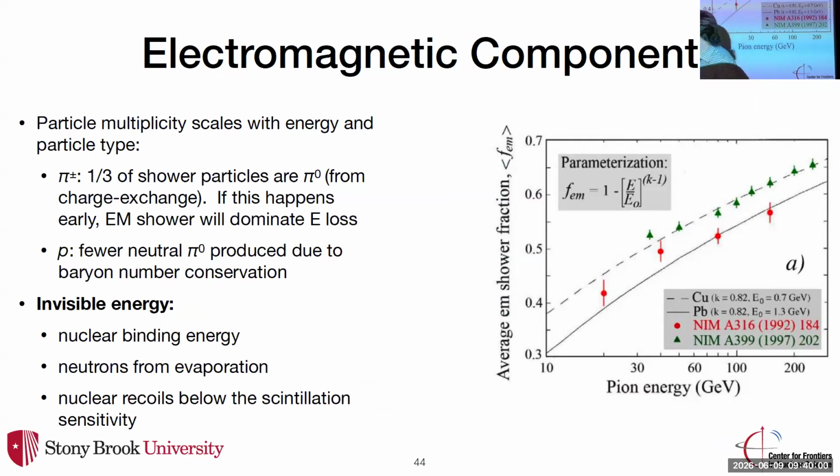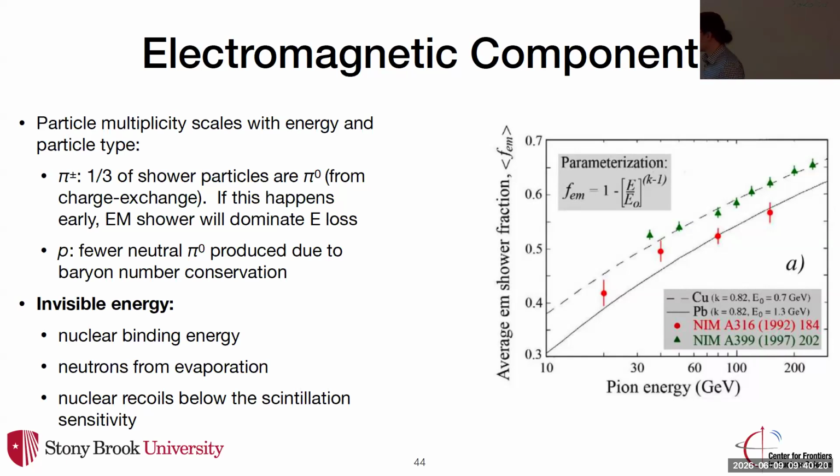If we start with the pion, then we have a good chance to do something called charge exchange. So our charged pion can become a neutral pion, and now we're in luck because that will decay to 2 photons and produce a purely electromagnetic offspring.